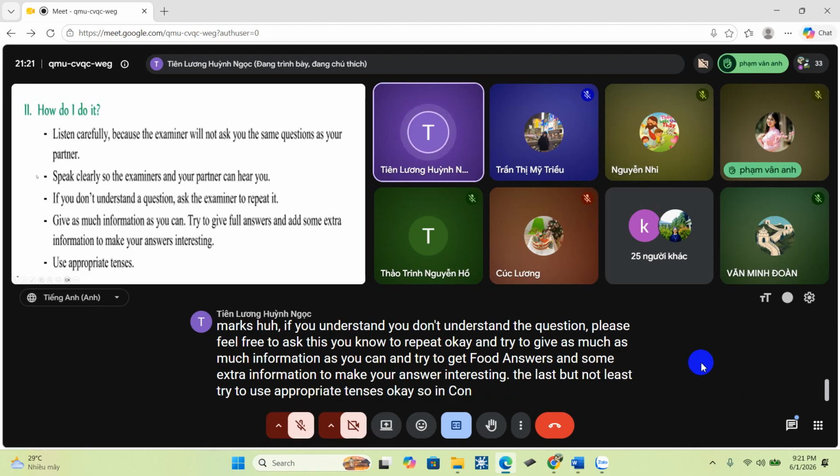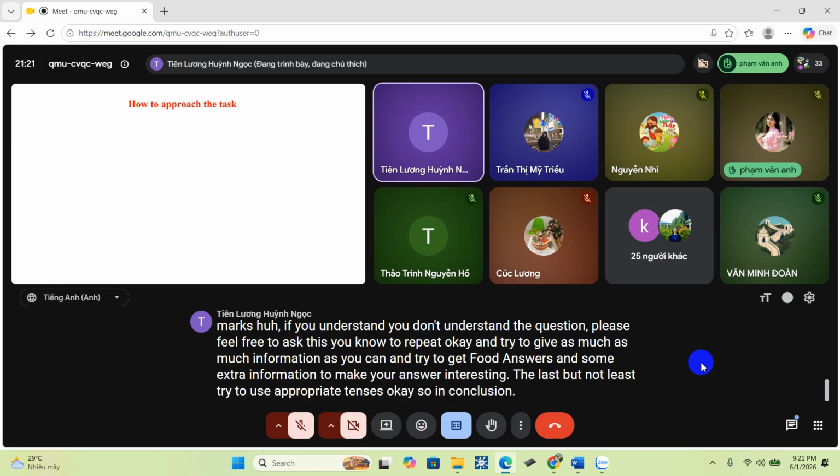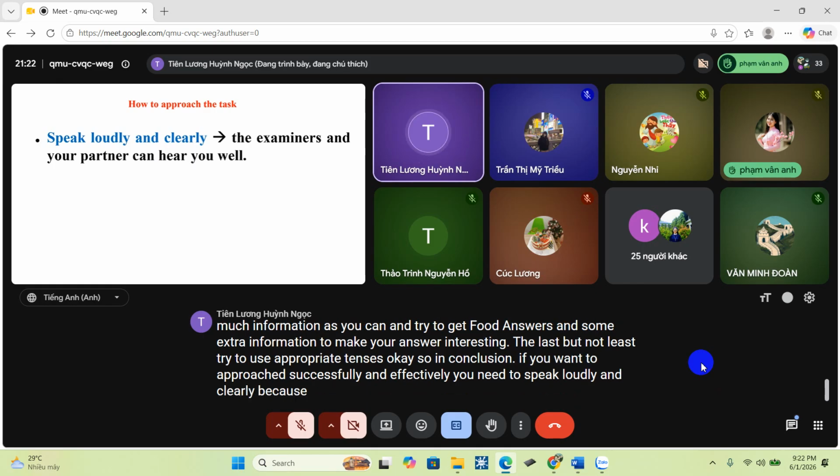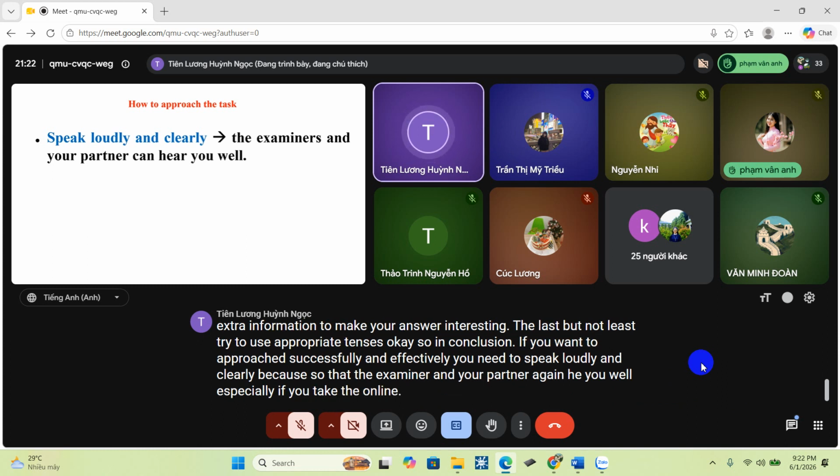So, in conclusion, if you want to approach this task successfully and effectively, you need to speak loudly and clearly so that the examiner and your partner can hear you well, especially if you take the online test.